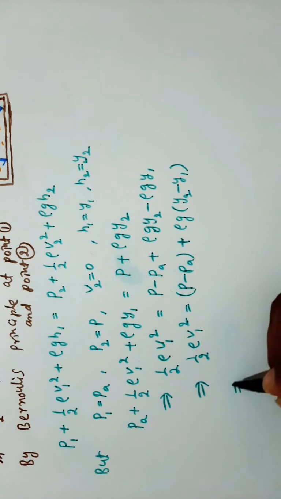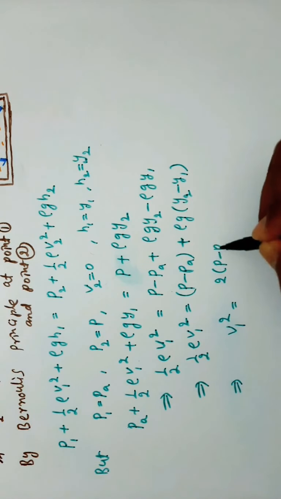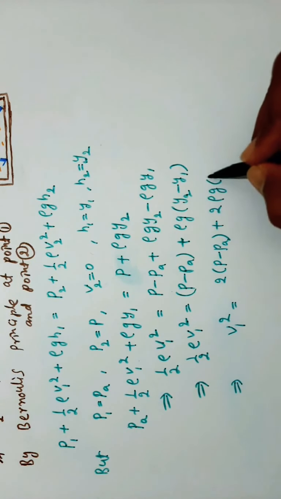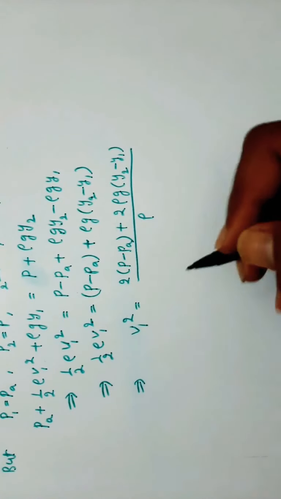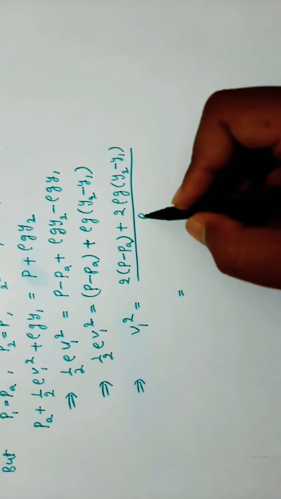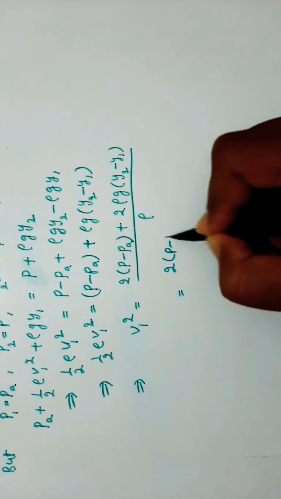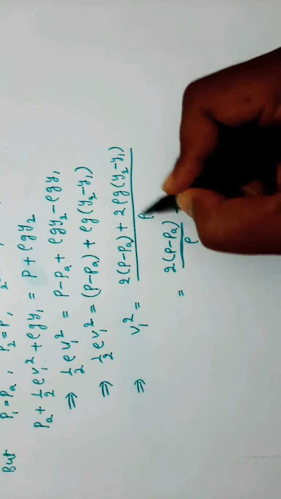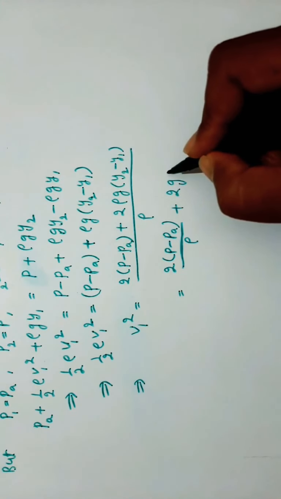From this we can write V1 square is equal to 2 into P minus PA plus 2 rho g into y2 minus y1, divided by rho. So that is equal to 2 into P minus PA by rho plus, here rho cancels, the remaining term is 2g into y2 minus y1.